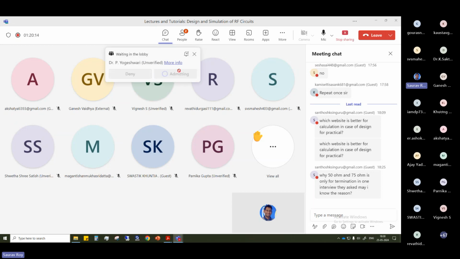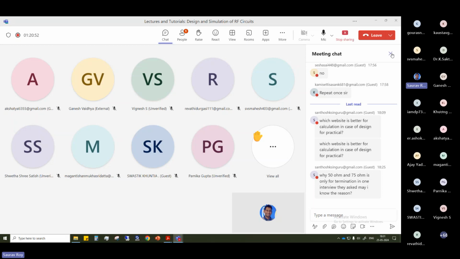So all the available terminations, whatever you buy from the market, the coaxial cables, all the lines, connectors, are mostly made for 50 ohm, some for 70 ohm. That's why when you go for a design, you have to make it for these 50 and 70. There is no hard and fast reason for that. This is the standard people have followed for a long time, and that is what you have to follow. It has become a kind of international standard.